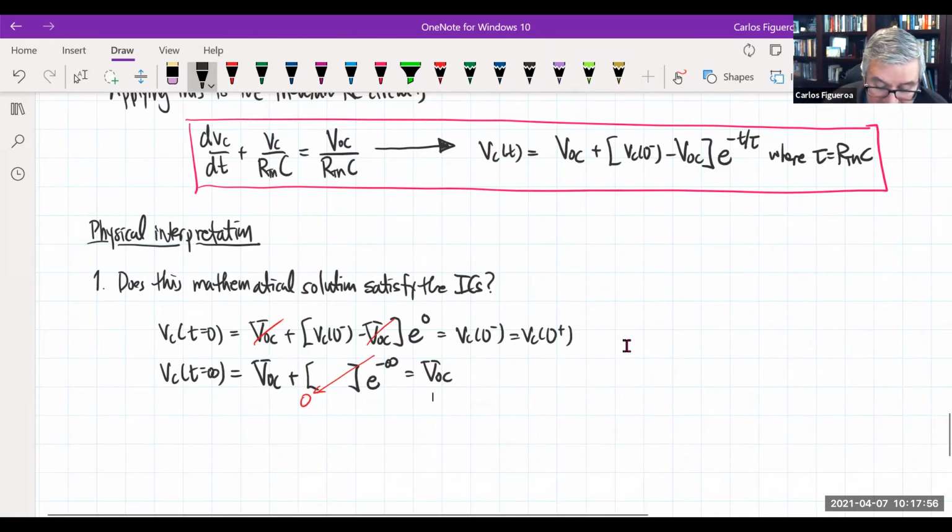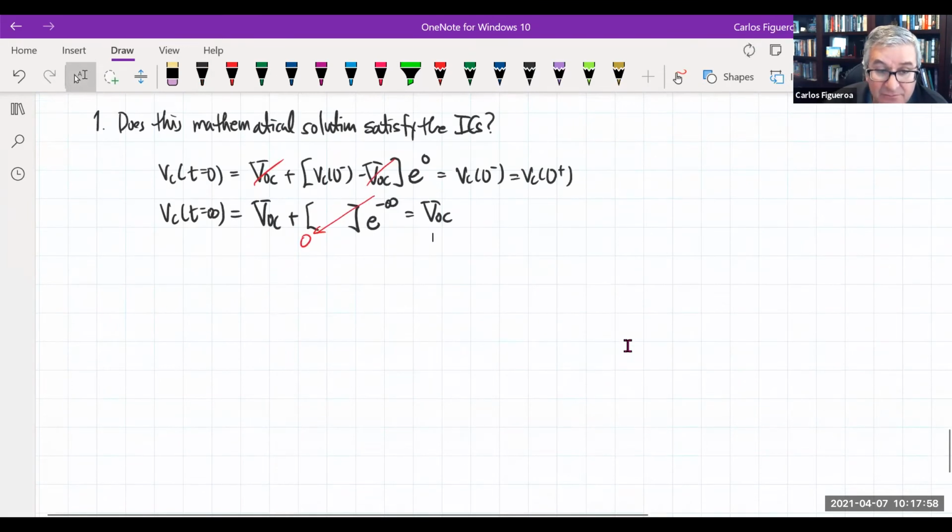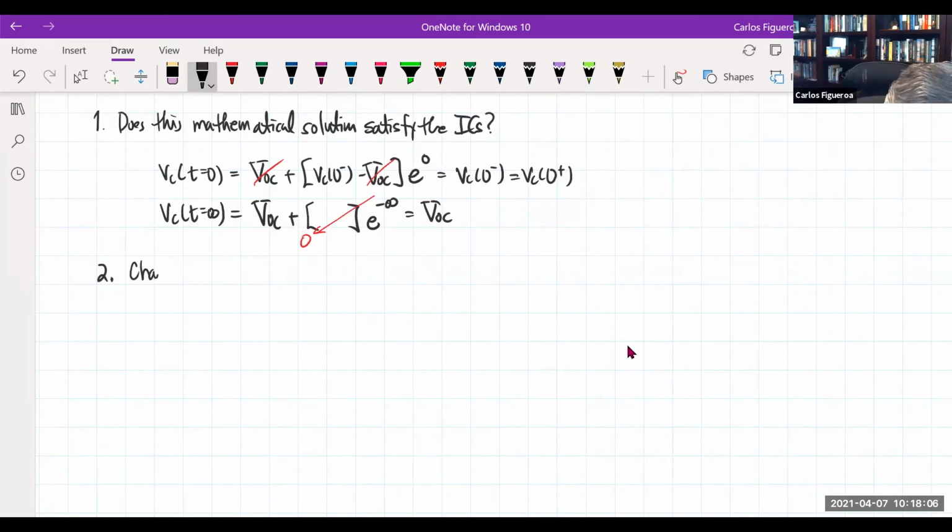Now, let's hit something fairly substantial. Let's look at what the solution tells us. The second thing that we want to look at is a charging and discharging capacitor. So you've got to nail this piece here, okay?